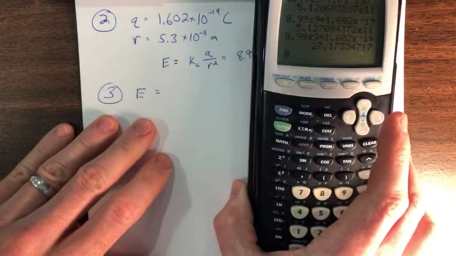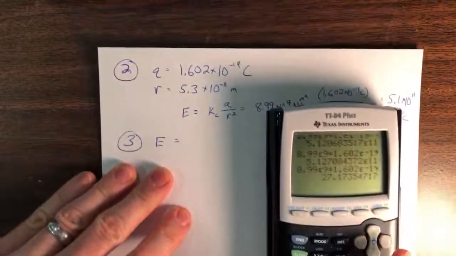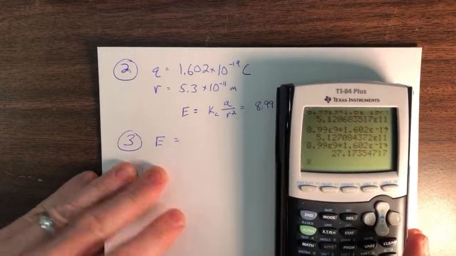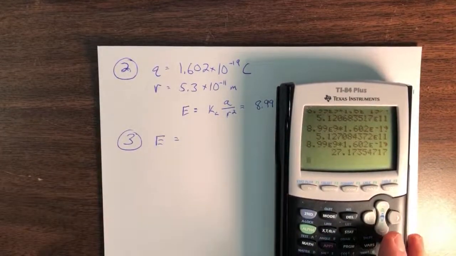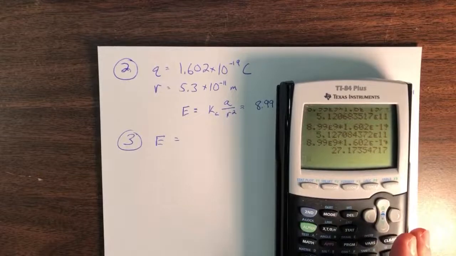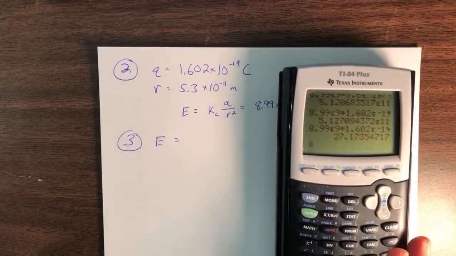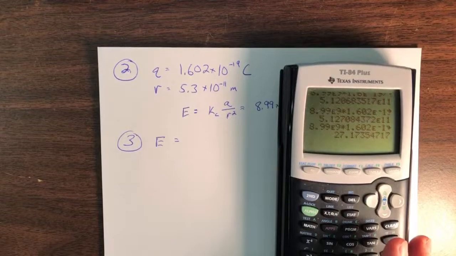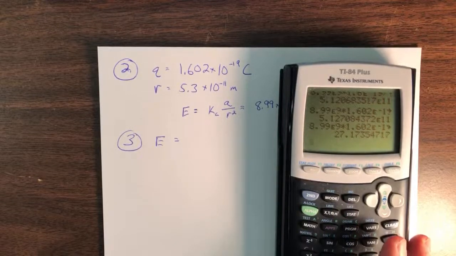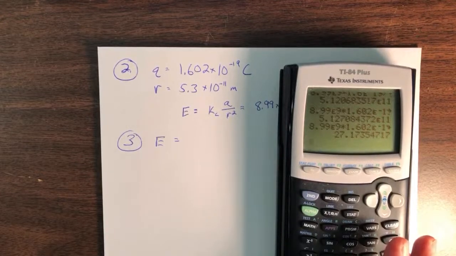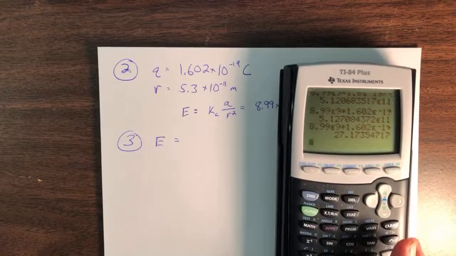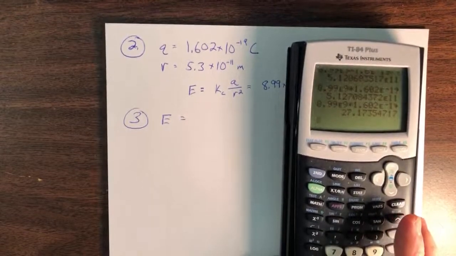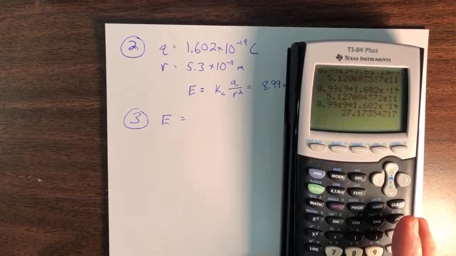If you forget the square, you'll end up with this answer, 27.17 something, which sounds a lot like what you got. So if you forget about squaring your denominator, that's probably what happened there. Yeah, that's my best guess. And so it's so easy to forget about those little squares, even though you write them down sometimes. Sometimes you just forget to put them in your calculator or something. So that's probably what happened.